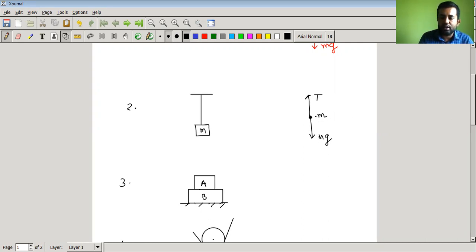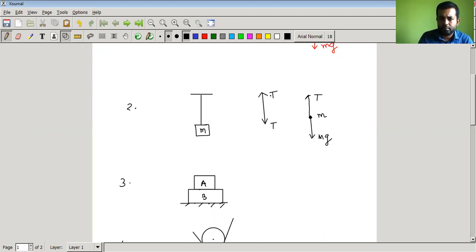Now you may ask that what if the string is our system? So if string is our system, right, what will happen, this T is exerted by a string on the block. So according to Newton's third law, the string will be pulled down by the same force, right? And same way, the point where it is attached will feel a force in this direction.